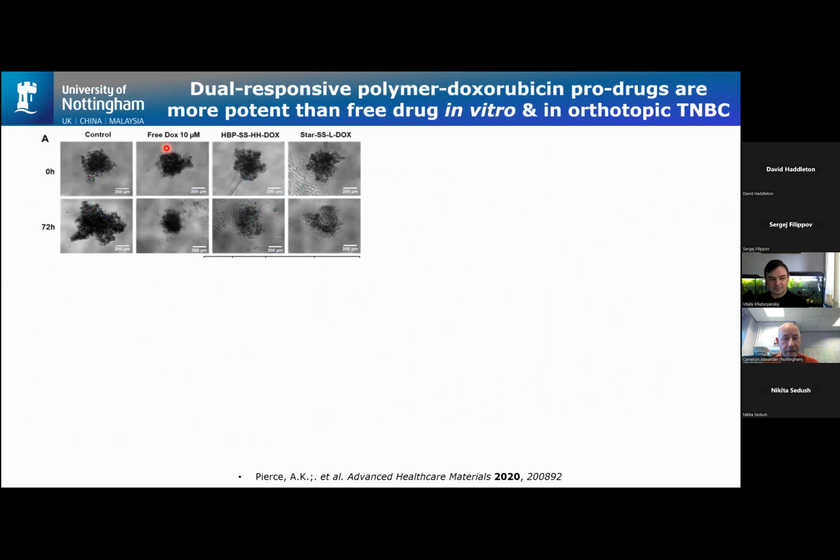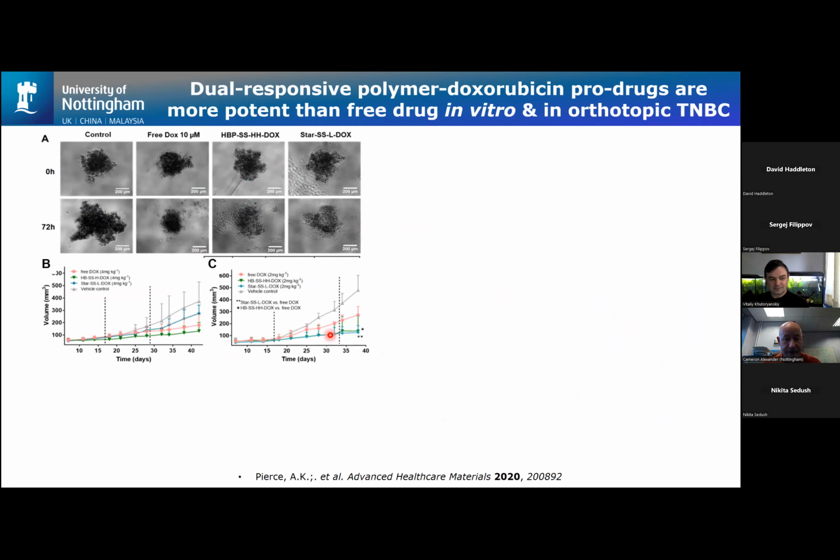We found they were both effective in destroying 3D cancer spheroids, so models of tumors, but they were also very effective in an orthotopic model in vivo. So they were better than the free drug. If I look at the free drug here in orange, then our two polymers in green and blue. This is as close to a model as we could get in a mouse model of triple negative breast cancer.